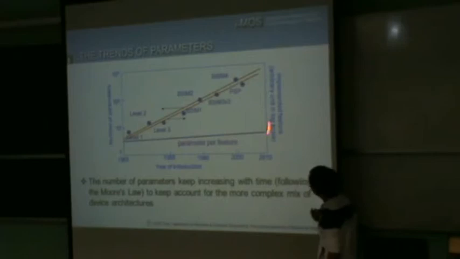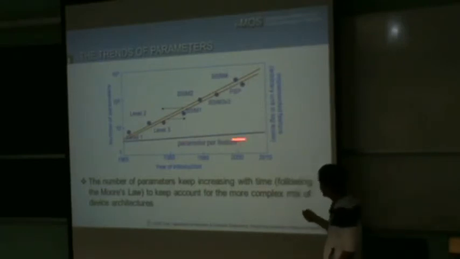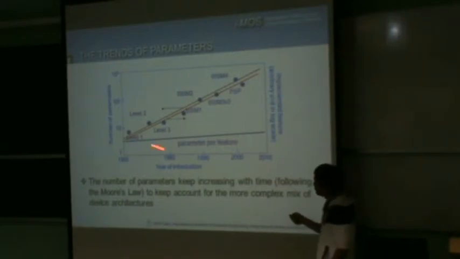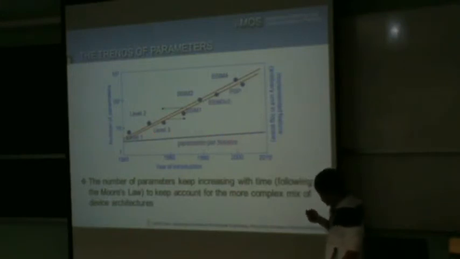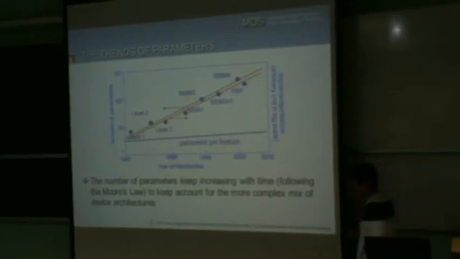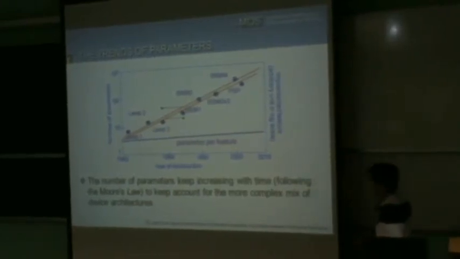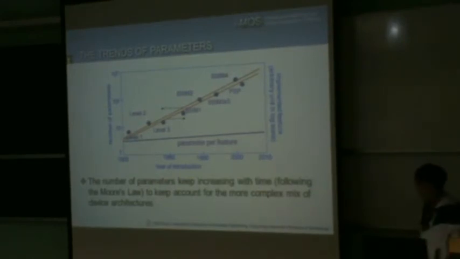The reason why BSIM has so many parameters is because it has many features. So I think he's happy with this plot overall. In some sense, it's also true that if you look at the advancement of transistors from the early days to the current structure, there are many new physics and new materials being added to the transistors. As a result, we need more parameters to fit the data.